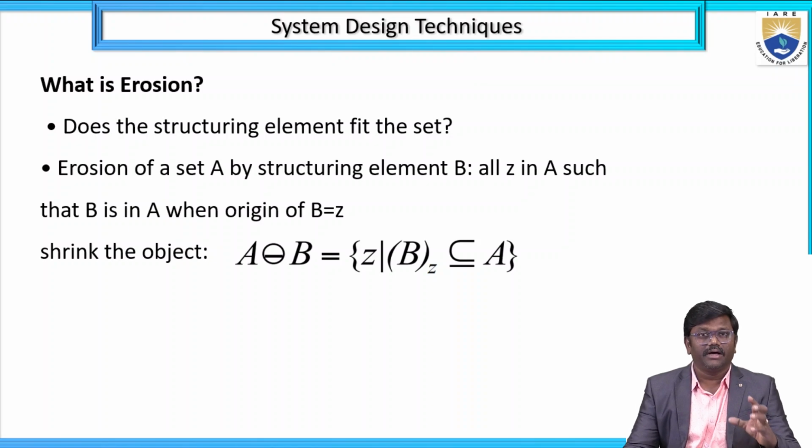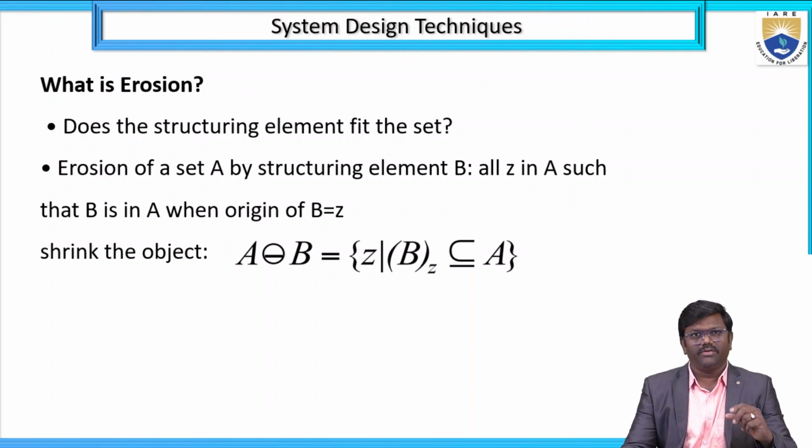Here, does the structuring element fit the set? Erosion of a set A by structuring element B is all z in A such that B is in A when the origin of B belongs to z.